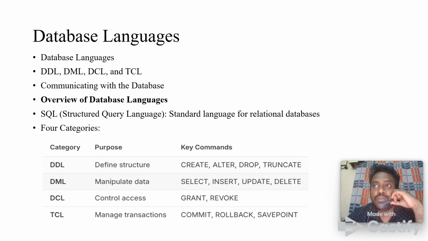For example, if you are typing a Word document and you make some mistakes, what will you do? You give the shortcut Control Z, which rolls back to the previous step. If you undo, it will go back to the previous state.